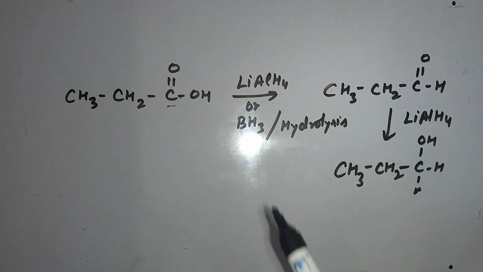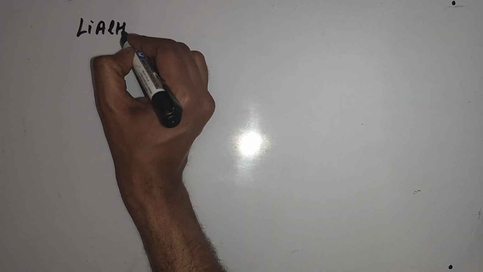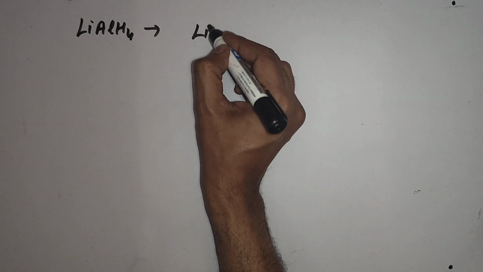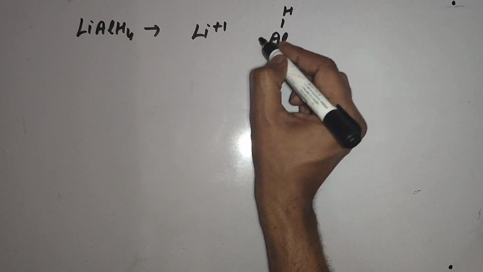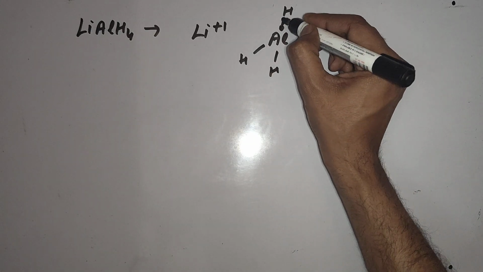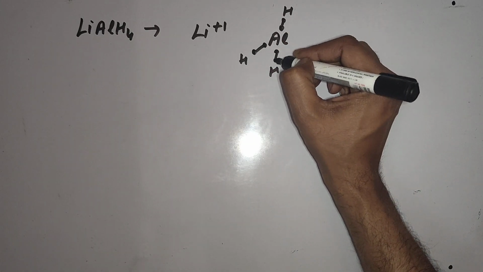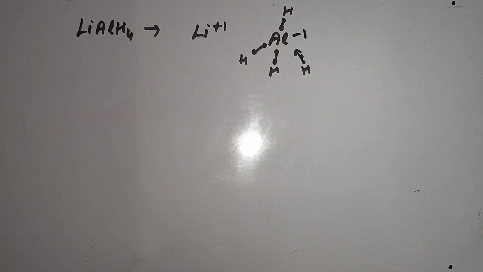Now let's understand the actual point, the mechanism. How is lithium aluminium hydride reducing carboxylic acid? In the previous video we have already understood the condition of lithium aluminium hydride. Around aluminium 4 hydrogens are there, 3 are making normal sigma bonds, the 4th is making a dative bond, due to which it is carrying a negative charge.